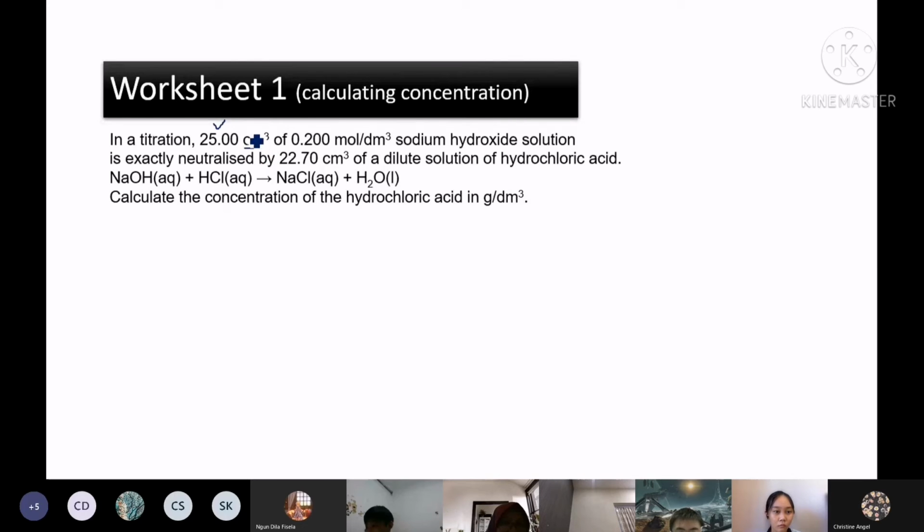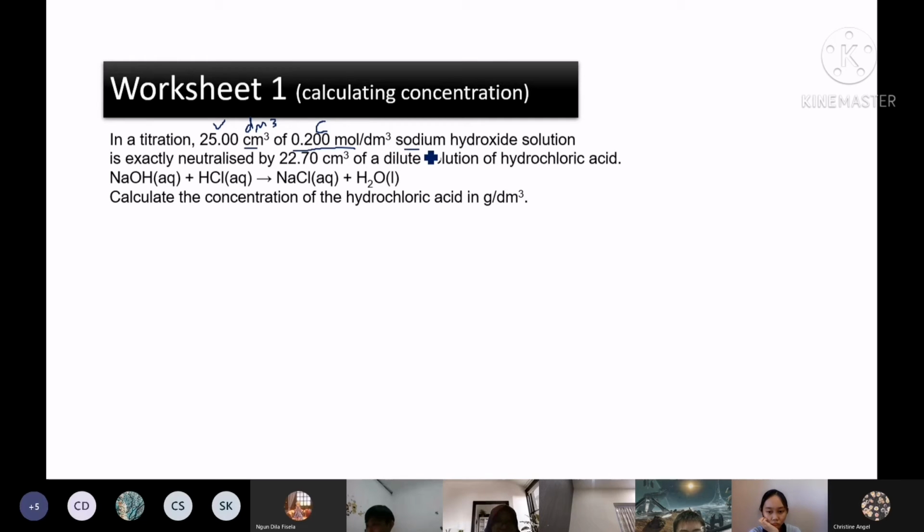Yes, because it's not the standard unit of volume. So we need to change it into dm cube. And then 0.2 mole over dm cube. What is it, Alexander? The concentration, Miss. Okay, very good. How about the units? No need to change, right?